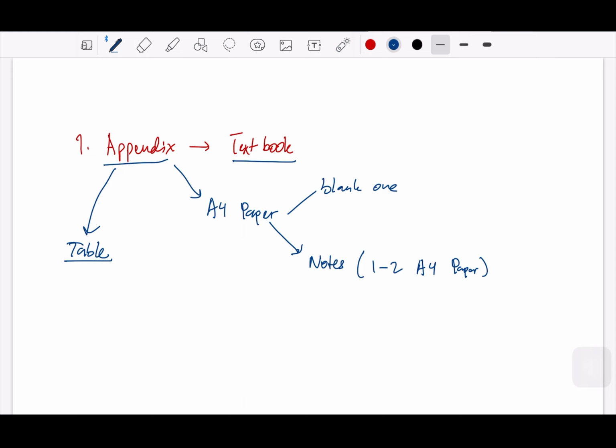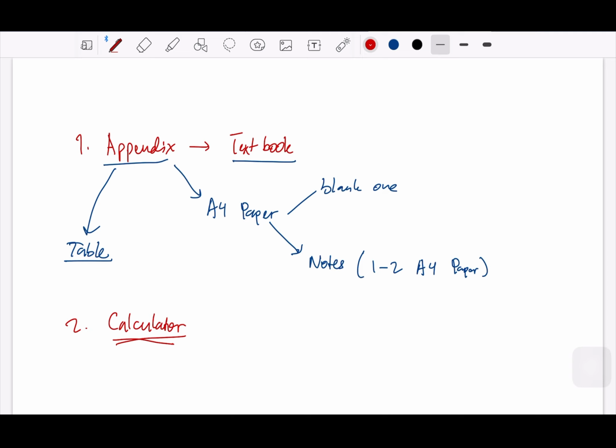So first is the appendix, and of course don't forget to use a calculator. Of course you can use devices like your iPad or your phone, but my preference is always using the manual way through a calculator. It's much more reliable.